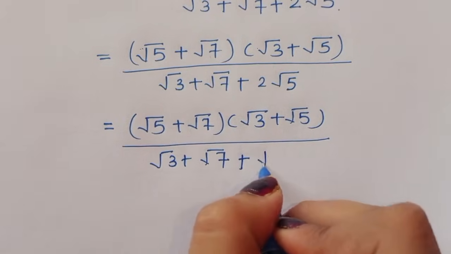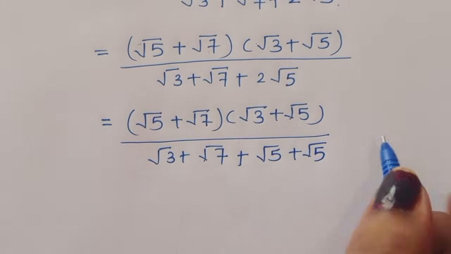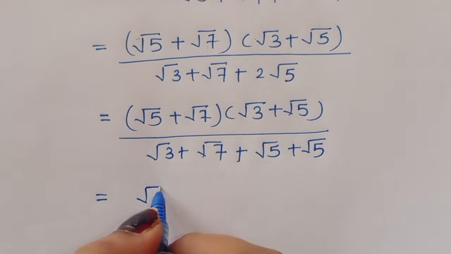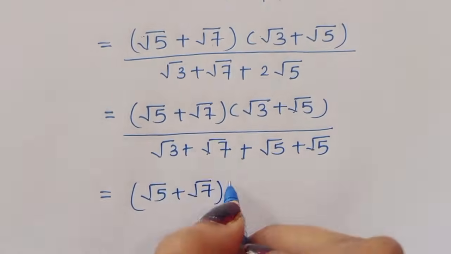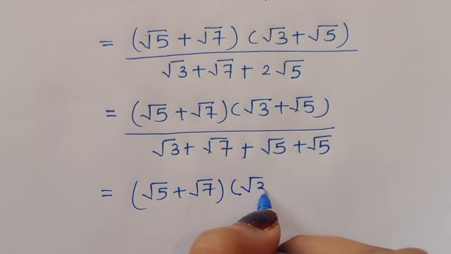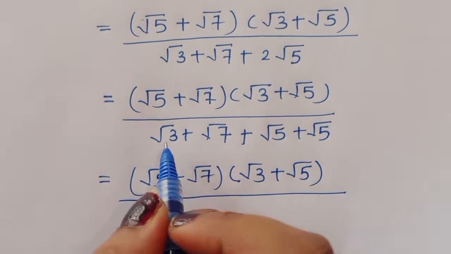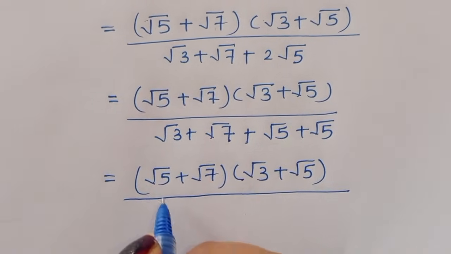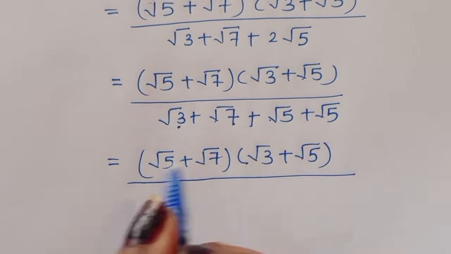So we can write this as √5 plus √5. Now √5 in the first term plus √7 times (√3 + √5), divided by, now √3 + √7. So we can here write √3 + √5.